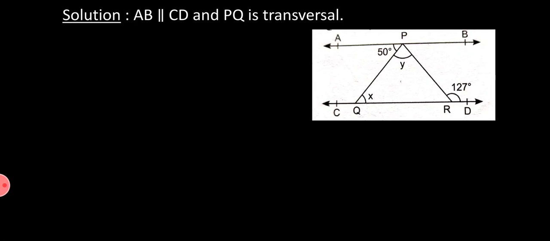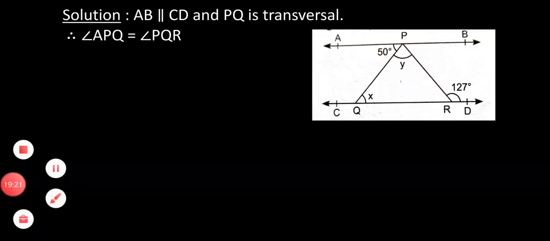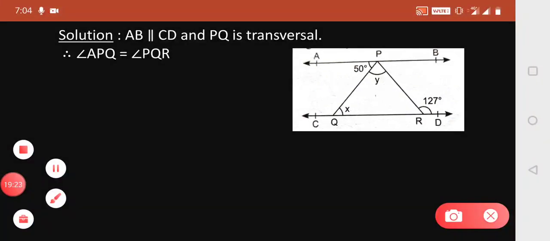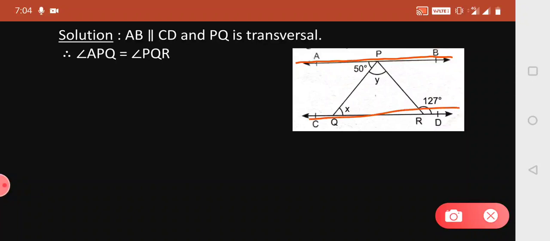For solution, as AB is parallel to CD and PQ is transversal, therefore angle APQ equal to angle PQR because they are pair of alternate interior angles. Let's see in the figure. Yes, we have taken AB parallel to CD and selected PQ as the transversal.